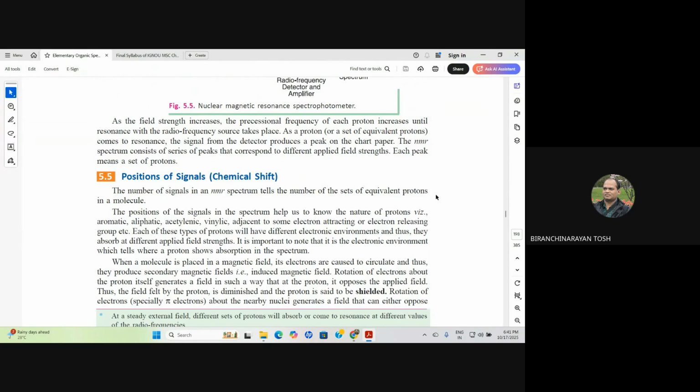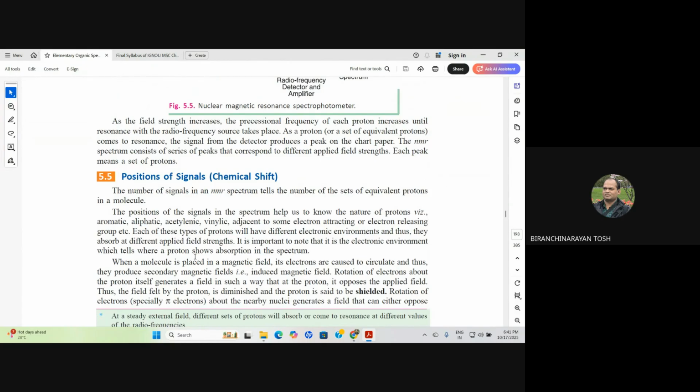So it is important to note that it is the electronic environment which tells where a proton shows absorption in the spectrum. The electronic environment means the electron density, whether it decreases or increases.